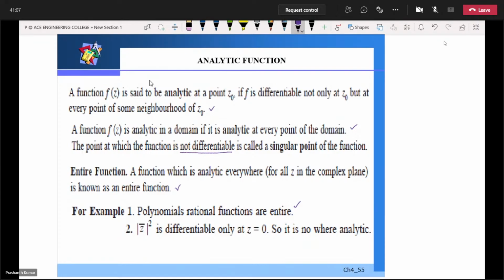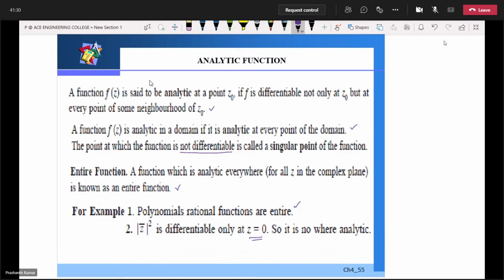Okay, mod z square is differentiable only at z is equal to 0, so it is nowhere analytic. Only at z is equal to 0 is the function differentiable, but other than z is equal to 0 the function is not analytic.